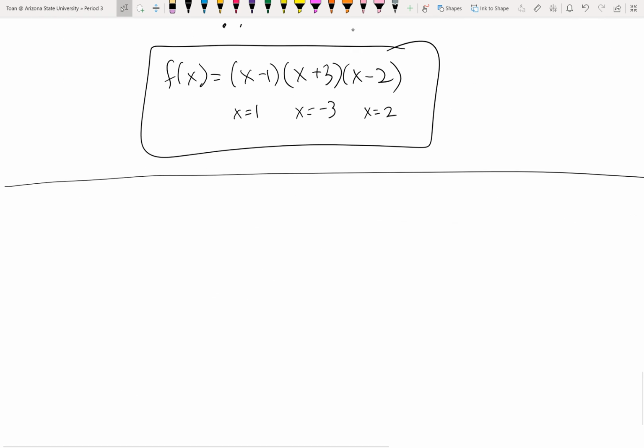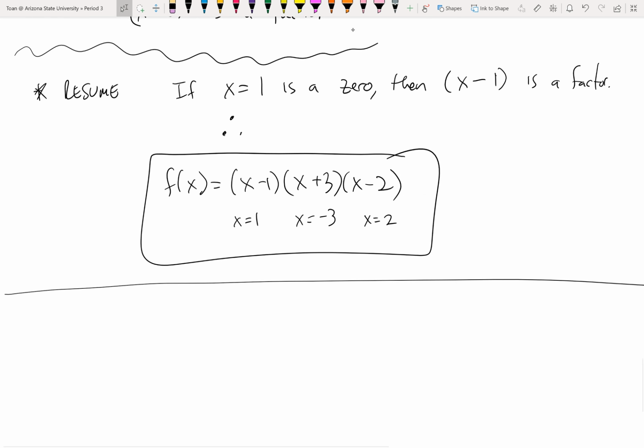The last thing that you could do with this factor theorem is go reverse. Every single one of these problems, I gave you an equation, and we either factored it or solved it. Well, it is possible to go in the exact opposite direction. I'll give you the answers, and I'm going to ask you, hey, what was the original problem?